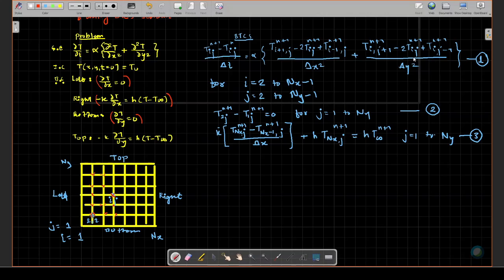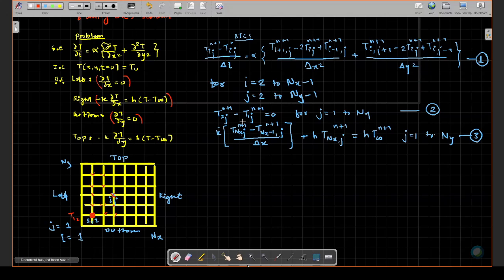This value will be known, isn't it? But this boundary value, when we are considering j equal to 1, is unknown. So this boundary value is nothing but equal to this value. That is what we are saying. We have to assign a boundary condition in such a way that boundary values will satisfy and unknown values will be known from the previously calculated value.